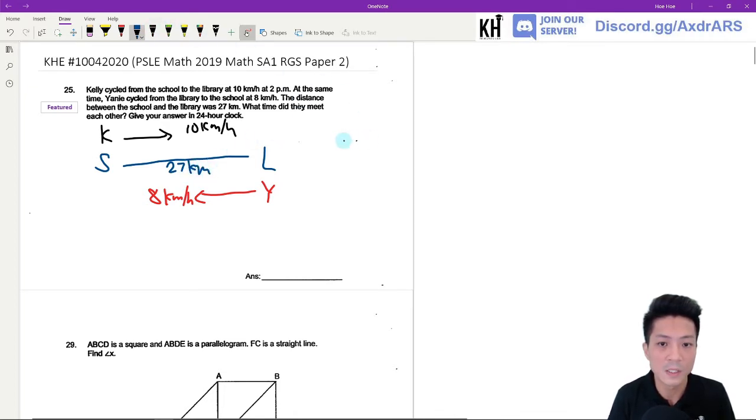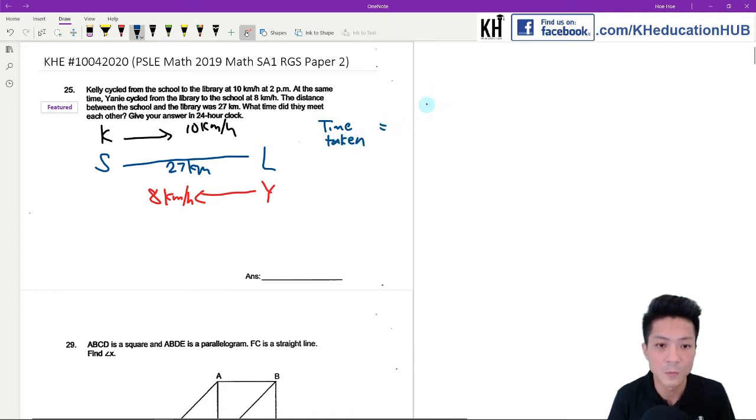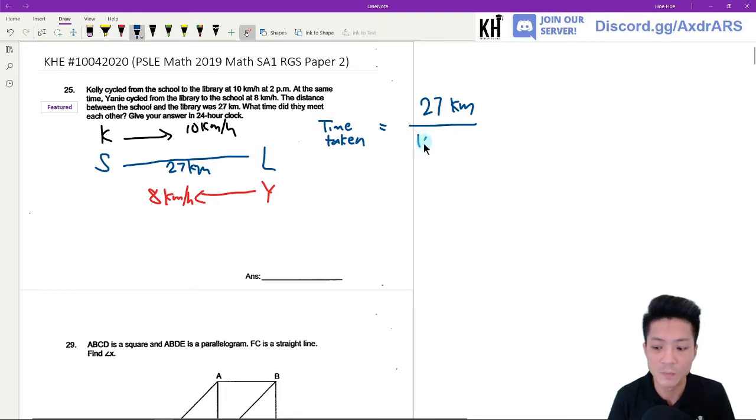So if we want to find the time taken for them to meet each other, we can use the total distance between them, which is 27 km, divided by their total speed, which is 10 plus 8.